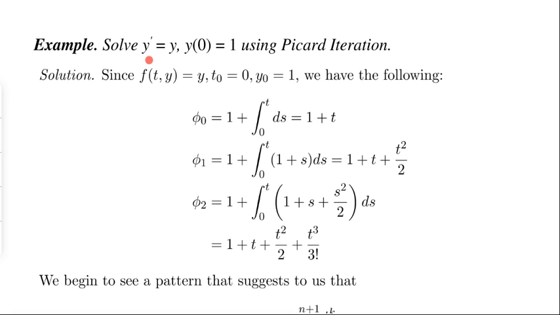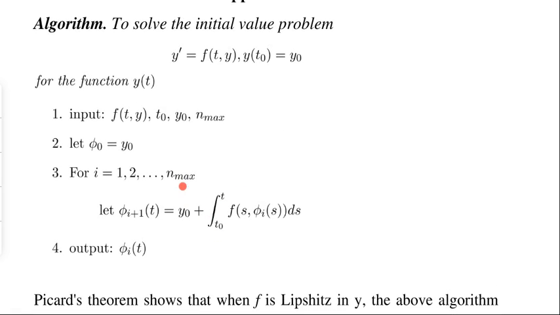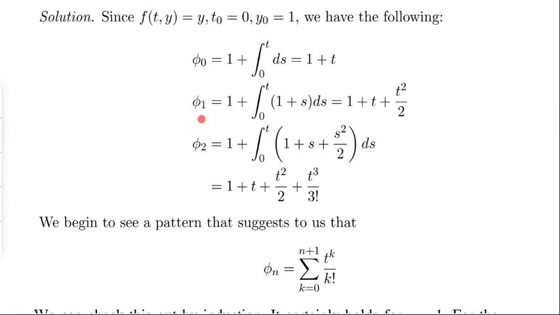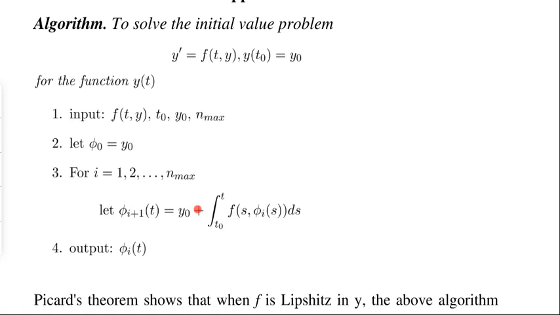Here in this problem, y prime equals y subject to y at 0 equals 1, we have phi 0 equals 1 plus this integral based on this relation. Also, we can obtain phi 1 based on the values of phi 0 and this recursive relation.